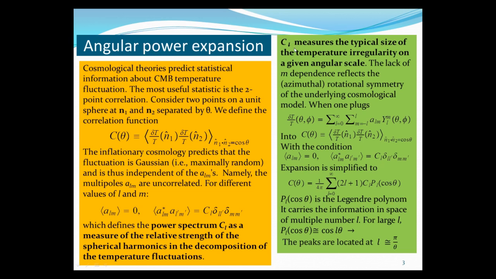C_l measures the typical size of temperature irregularity on a given angular scale. The lack of m dependence reflects the rotational symmetry of the underlying cosmological model.